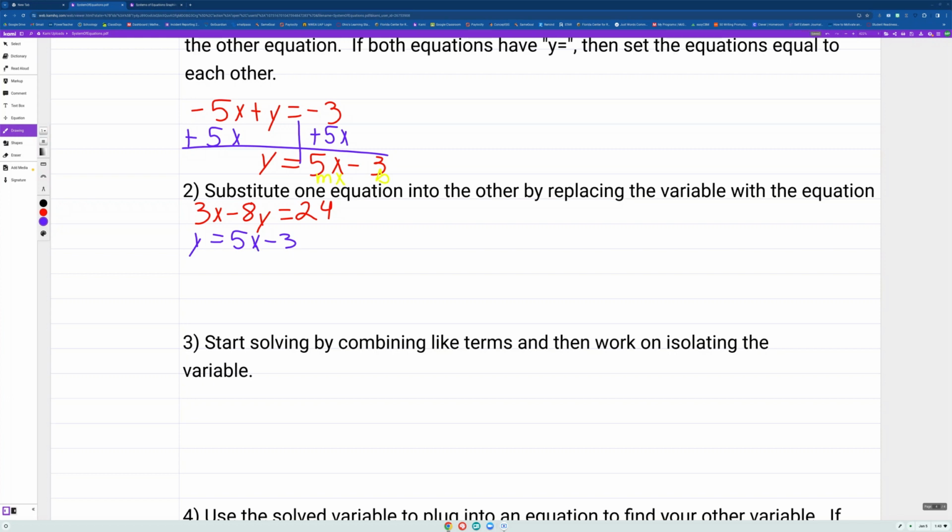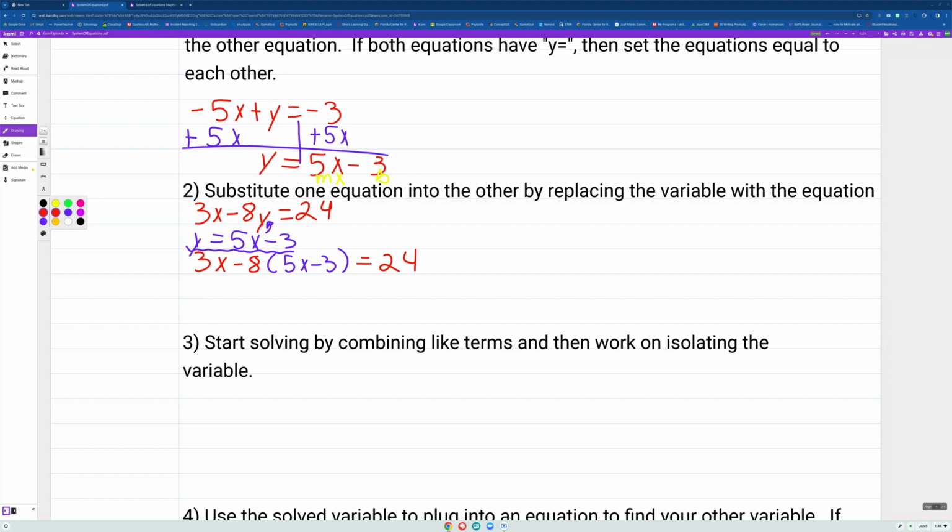So now I'm going to substitute one of these equations into the other. This is telling me that y is equal to something. I know that y is equal to this equation, so what I'm going to do is just plug it in for that y. So this is going to look like 3x minus 8, and now instead of rewriting that for my y, I'm going to do 5x minus 3, is equal to 24. All right, so that is now the equation that I'm working with.